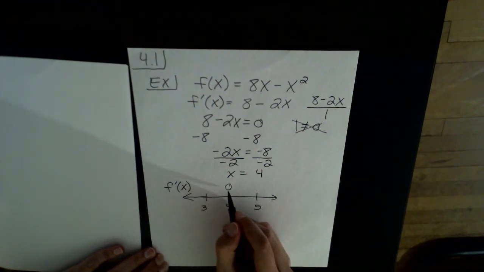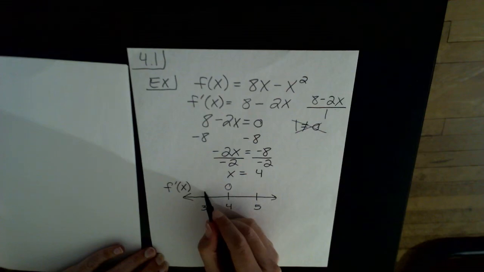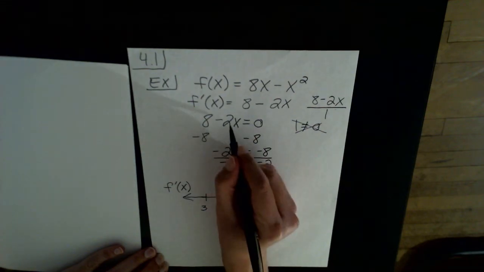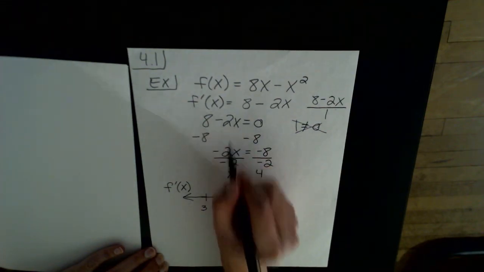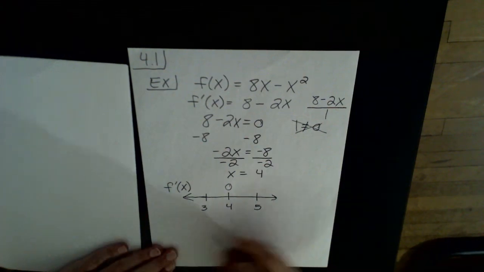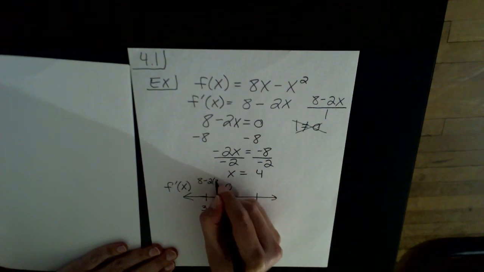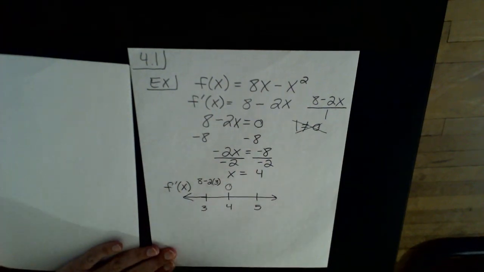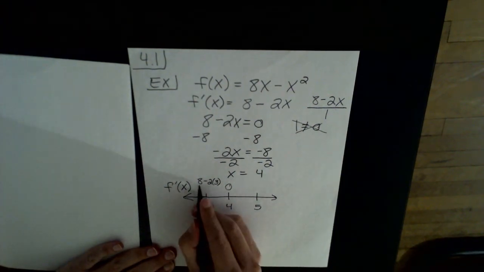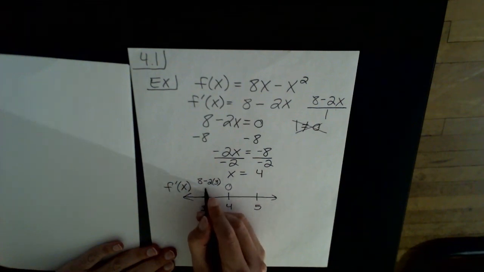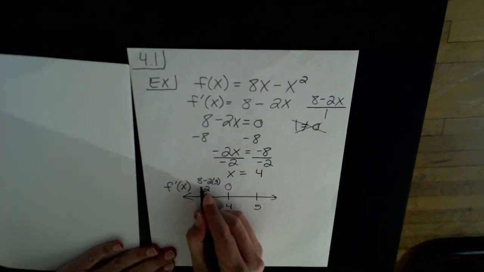So from there, we'll test x equals 3. If you plug 3 into 8 minus 2x, you get 8 minus 2 times 3, which gives us 8 minus 6. That's positive 2.